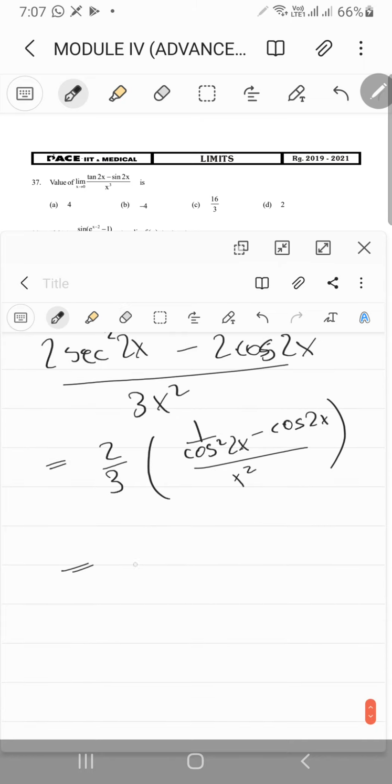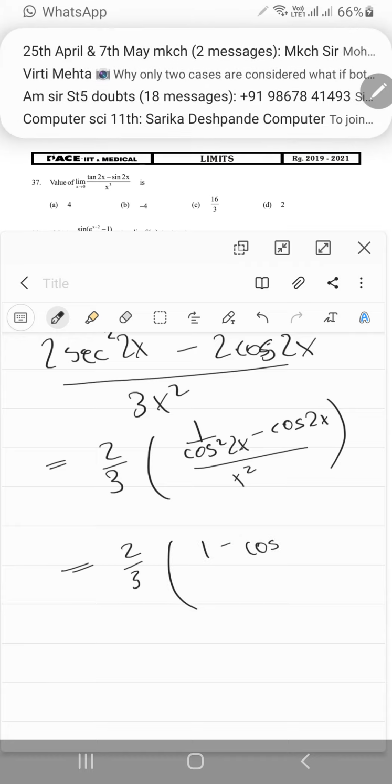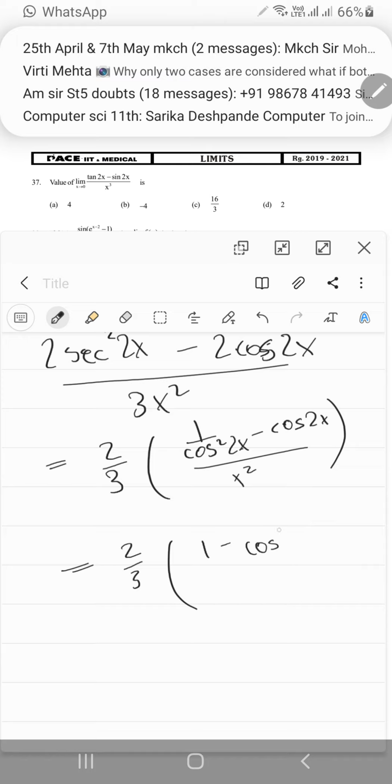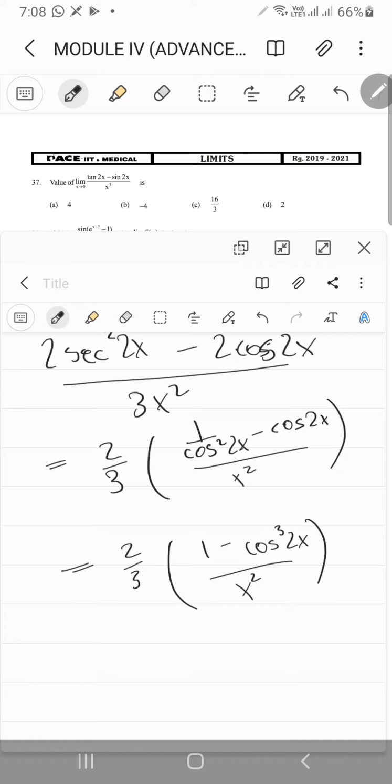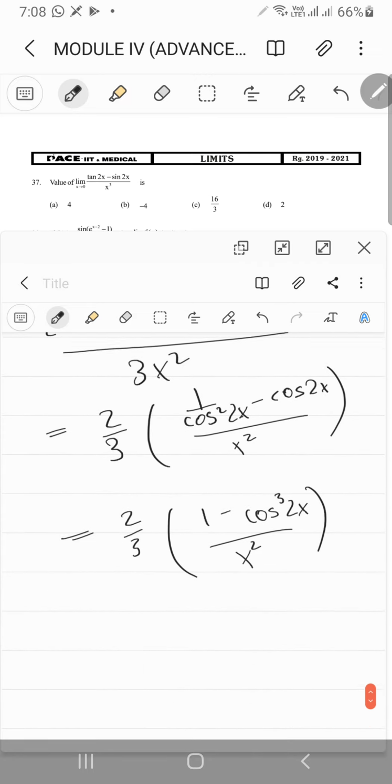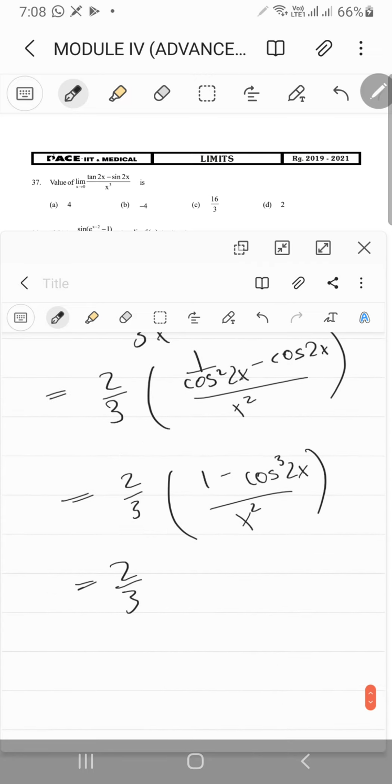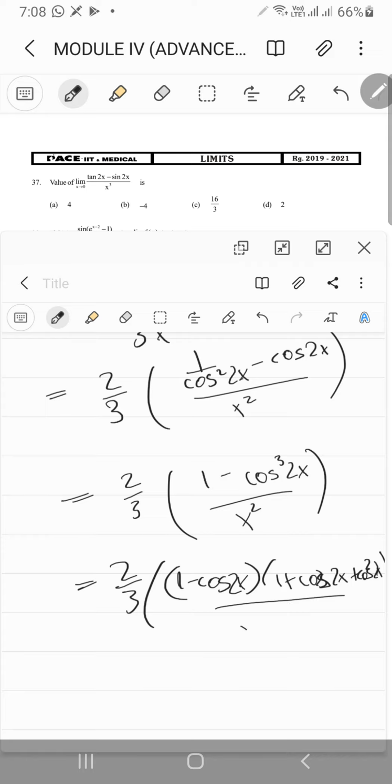Which is 2 by 3, 1 minus, I think this is going to work. So cosine cubed of 2x upon x squared, which is 2 by 3, 1 minus cosine 2x into 1 plus cosine 2x plus cosine squared of 2x upon x squared.